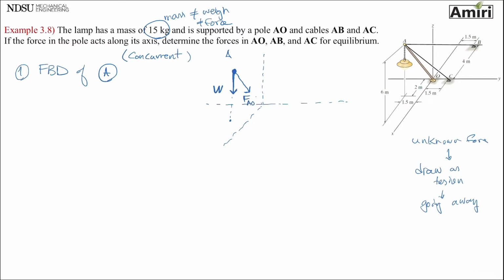I have one that goes to point C, kinda. This is my force AC, and I have one that goes way back to that point B, which is kind of located here. That's my FAB. This is my free body diagram.